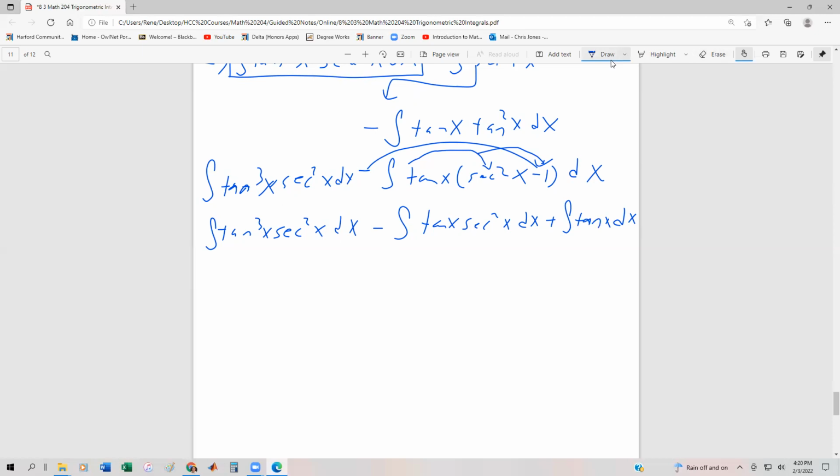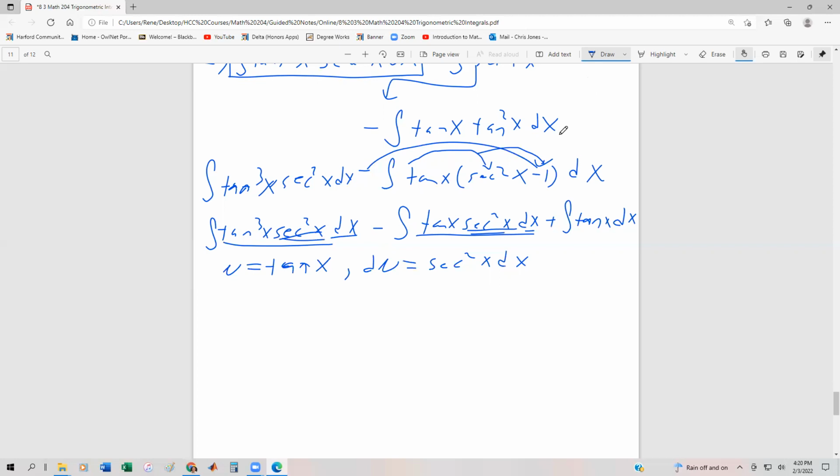All right, good news is u substitution for both of these. We're going to let u be equal to tangent of x, and our derivative du is going to be secant square of x dx. Good. So that's going to make these go away and write them in terms of u.